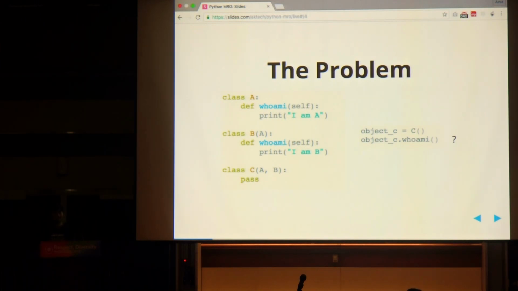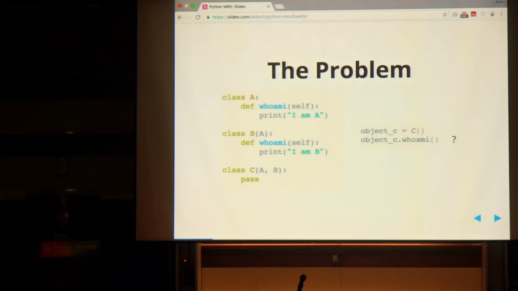When we define class C, it inherits from A and B. So technically C is the child of A and B, and A and B are of course the parents of C. Now we're creating an object of C, and using the dot operator we are calling whoami, all right? So what do you think whoami will print? We have two methods here, one in A and one in B, and C inherits from both. This is the problem actually.